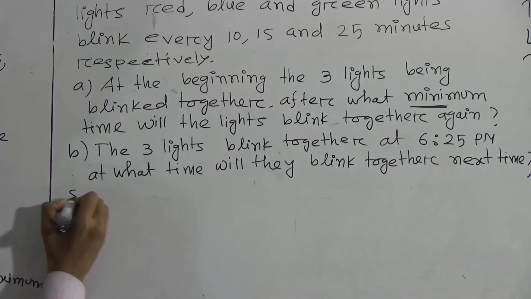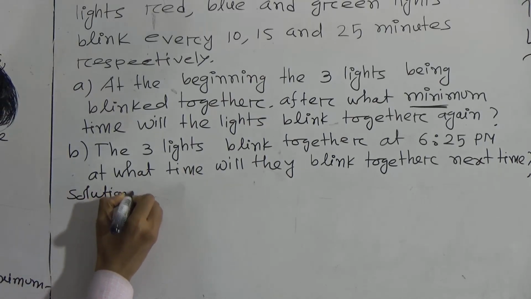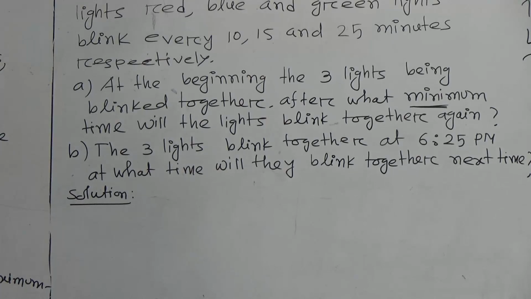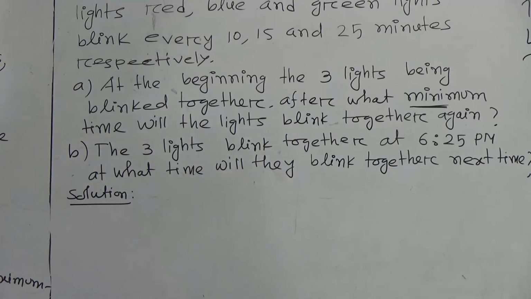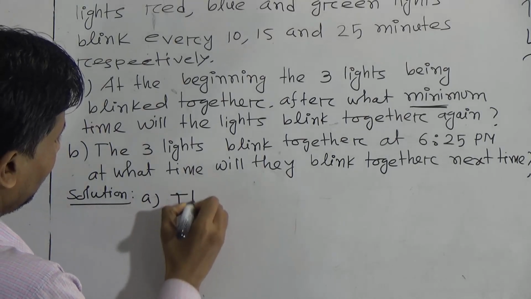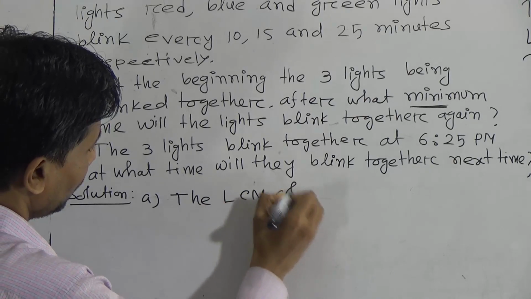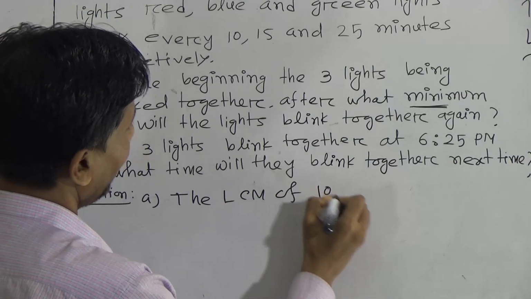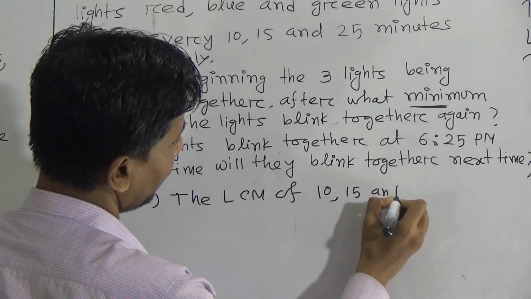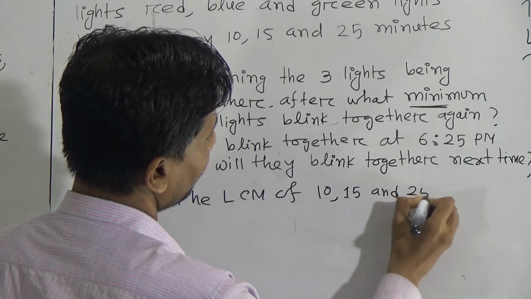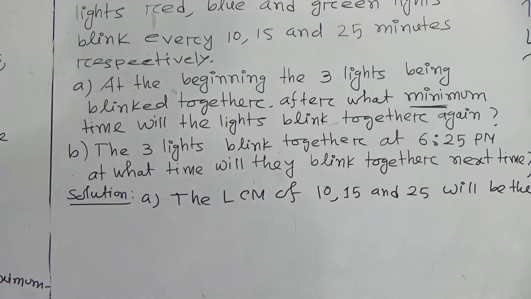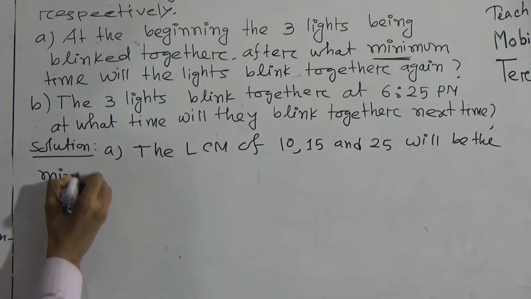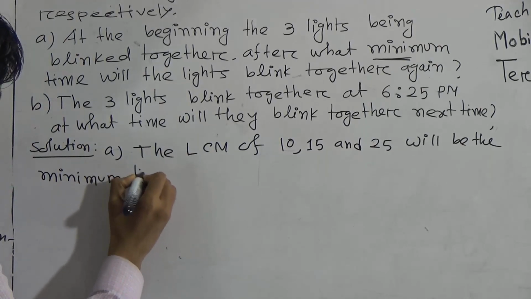Now, solution. A number, at the beginning, the three lights blink together after what minimum time? Right.